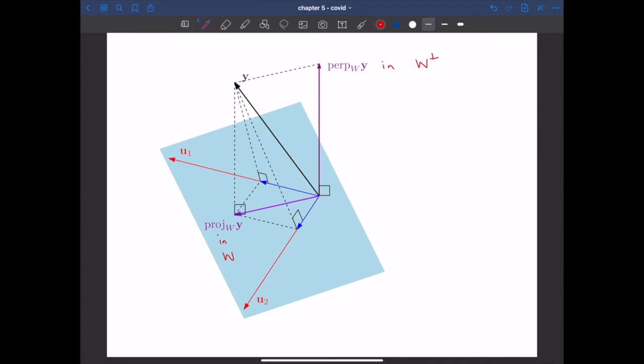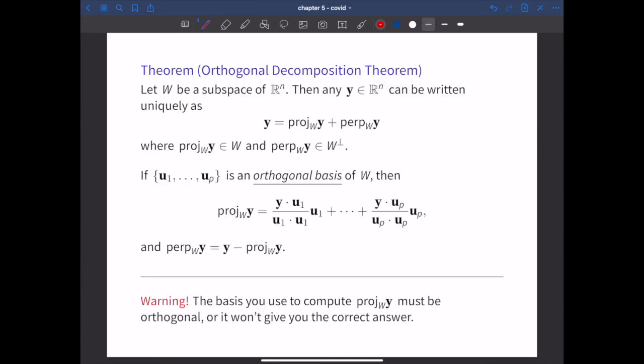So let me flip back to it. This is the formula that we saw at the very beginning, this projection formula here. Okay. Now if you notice, the first term in the projection formula is exactly the formula for the projection of the vector y onto u1.